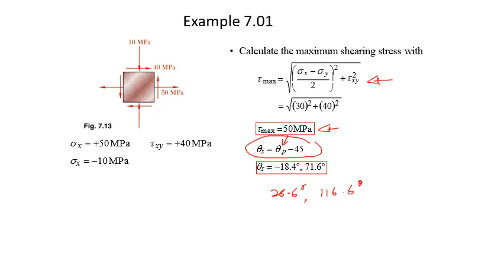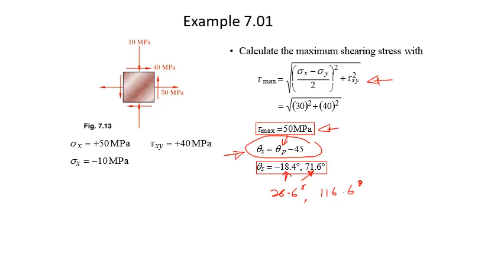So if you subtract or add 45 degrees, you'll get the maximum shear stress plane. In this case, you take 26.6 minus 45, you'll get that angle. If you add 45, you'll get this angle, right? So that's how you solve for the maximum shear stress plane.